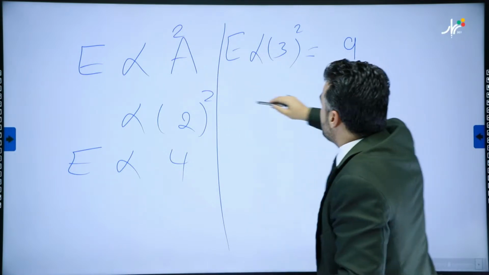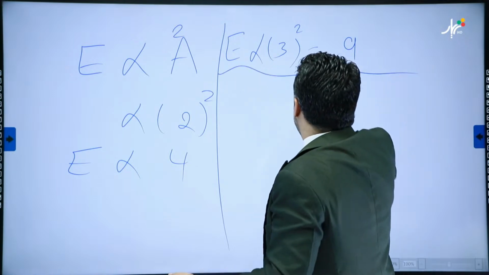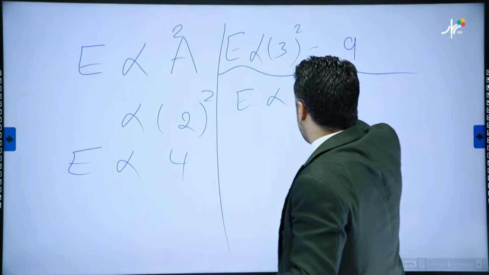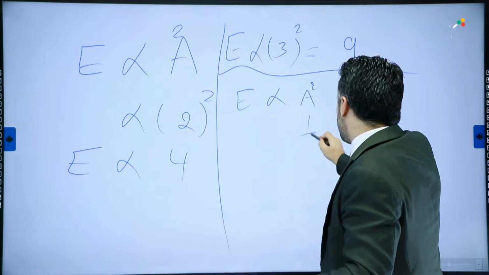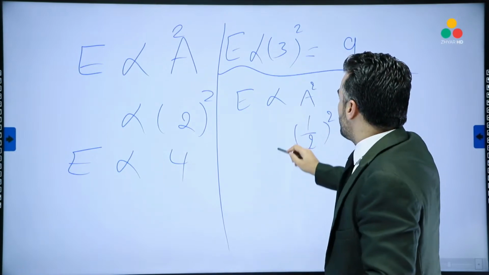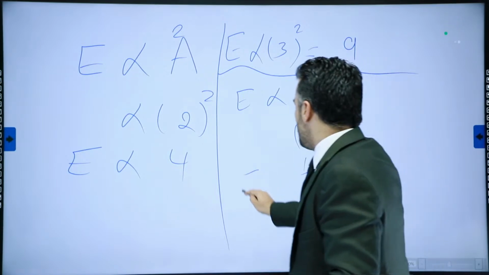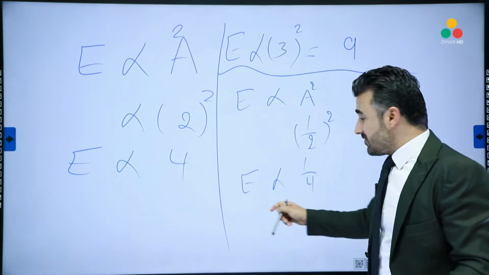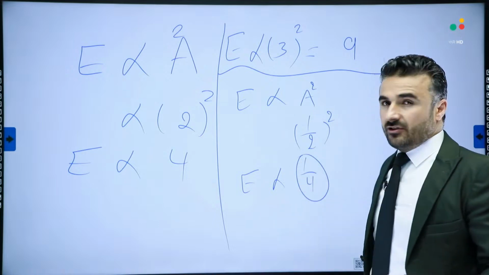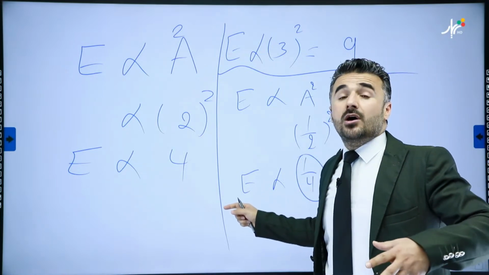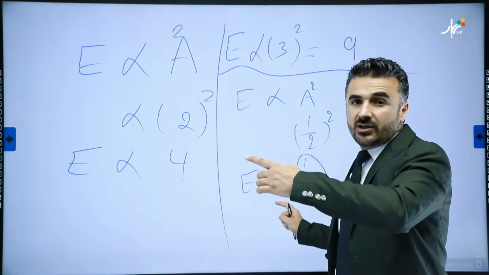We know that the energy is directly proportional to the square of the amplitude. So what is (1/2) squared? It becomes 1/4. That means the rate of energy transfer will decrease by a factor of 1/4, or the energy transfer will be 1/4 of the previous one.